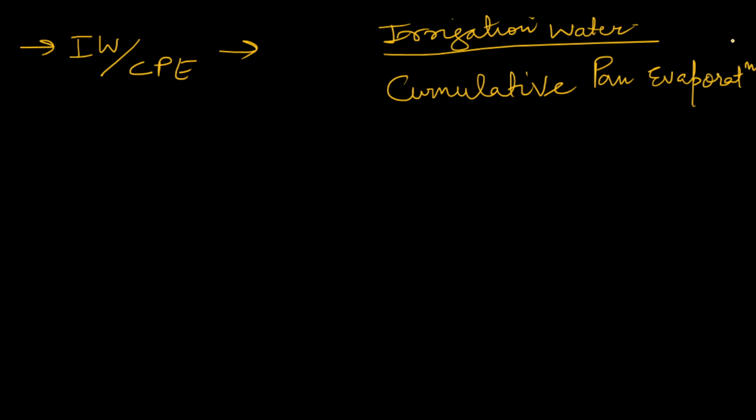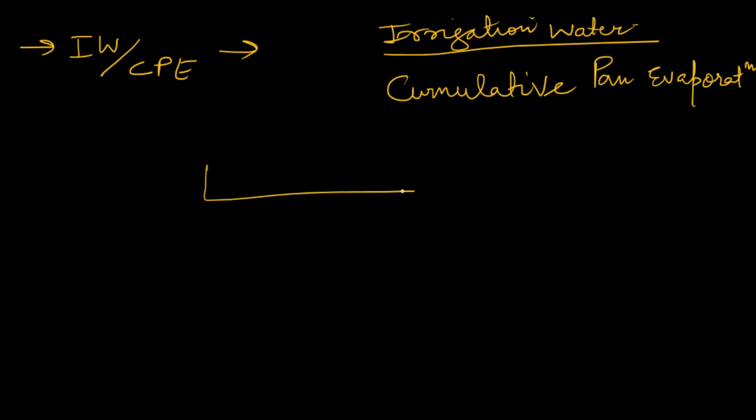So this is what IW by CPE is. From the full form only, you can get to know that it helps to determine the appropriate amount of water to be applied based on evaporation from a standard evaporation pan.